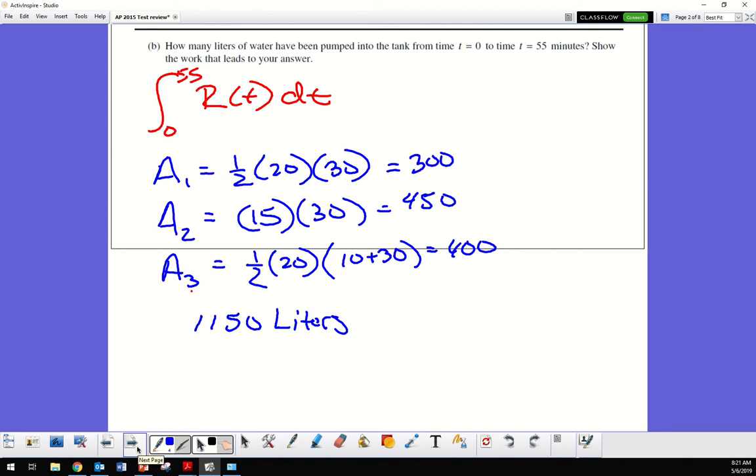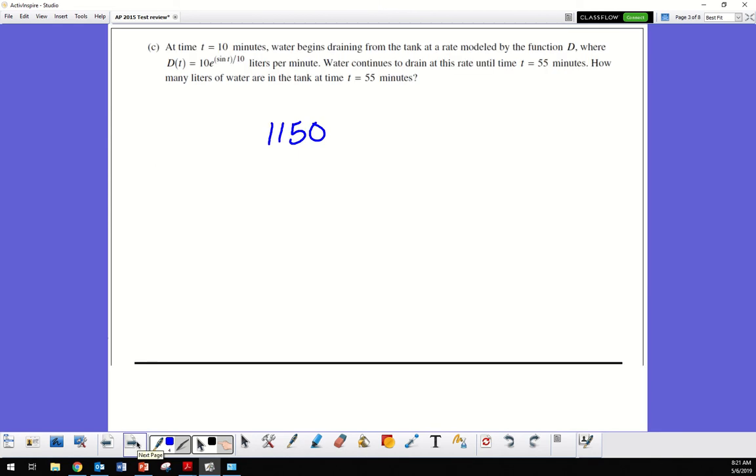So we only are getting what was actually added in. I started at 100, I added in 1150, and so because of that, I have to have in my total amount plus 100.